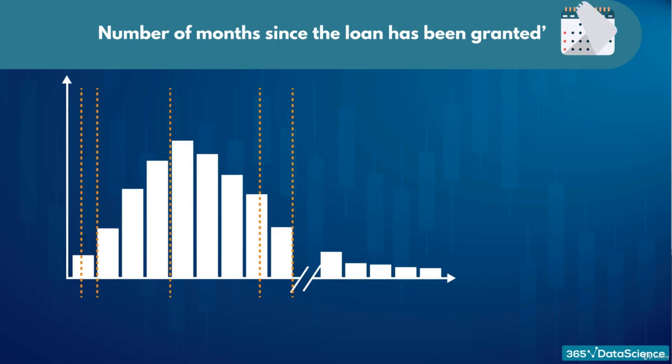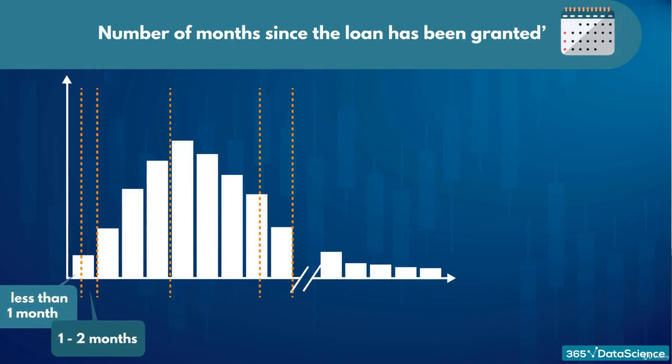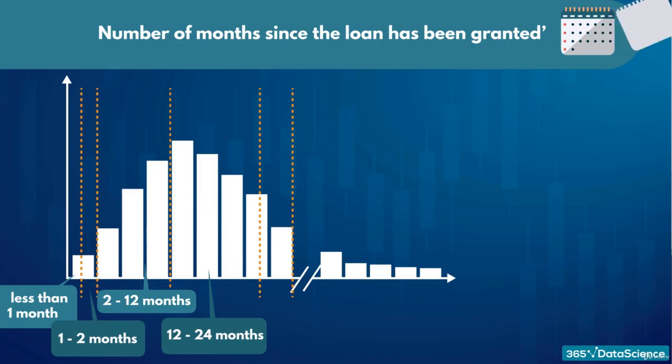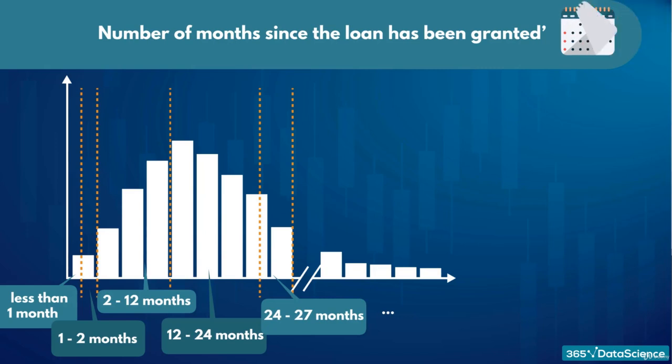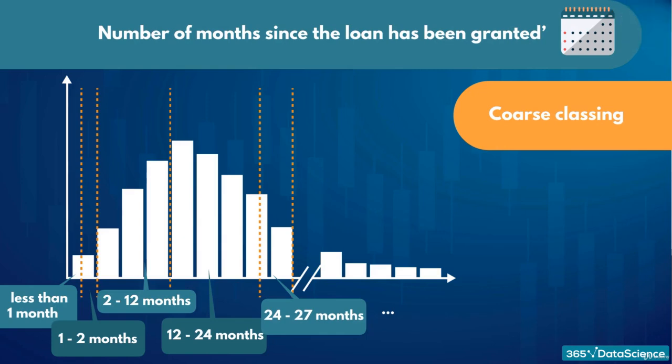For instance, regarding the feature months since the loan has been granted, we may end up with the categories less than 1 month, between 1 and 2 months, between 2 and 12 months, from 12 to 24 months, another one from 24 to 27 months, etc. There will be no need for those intervals to be equal. This procedure is called coarse classing.